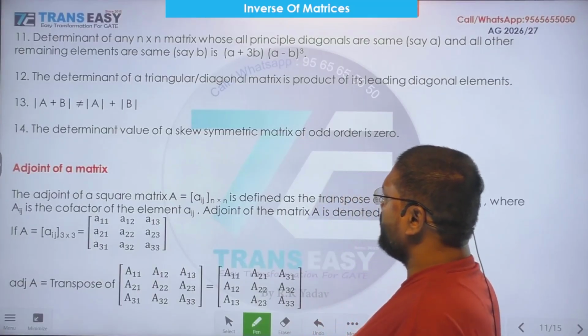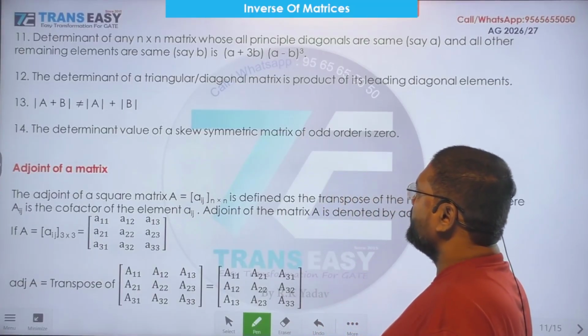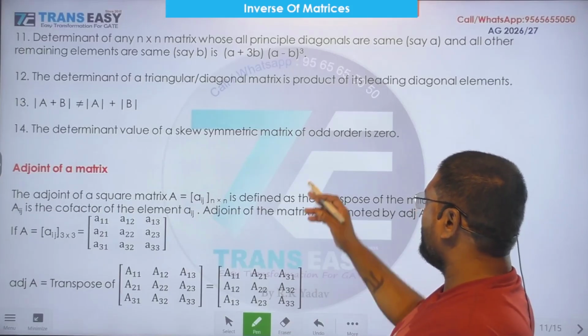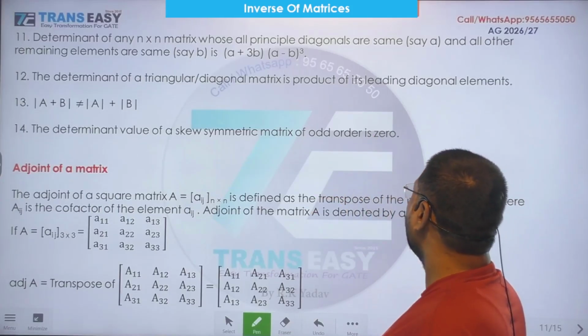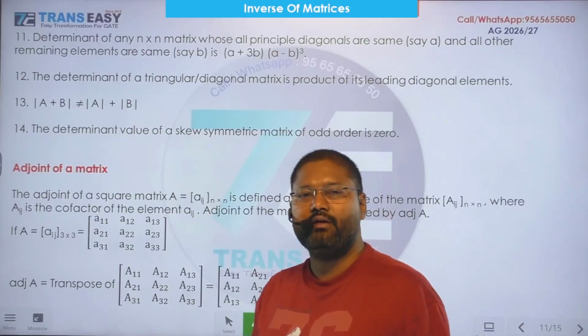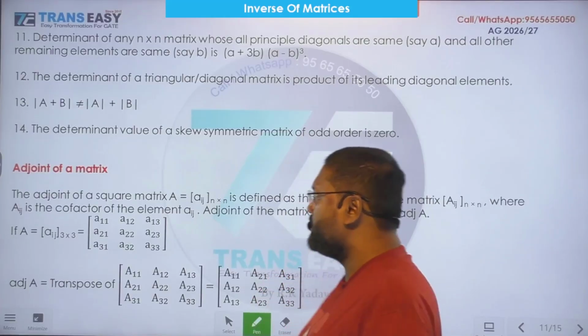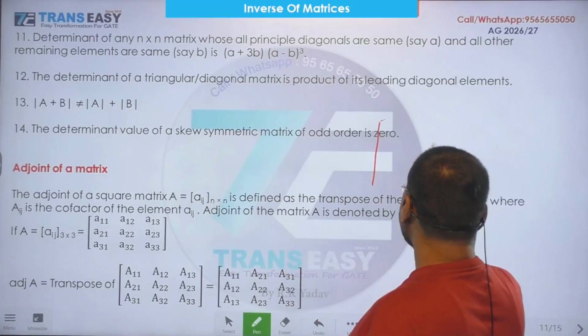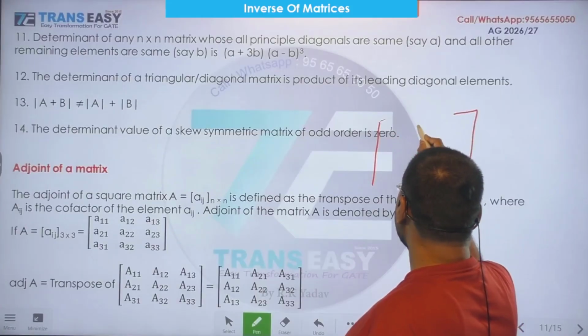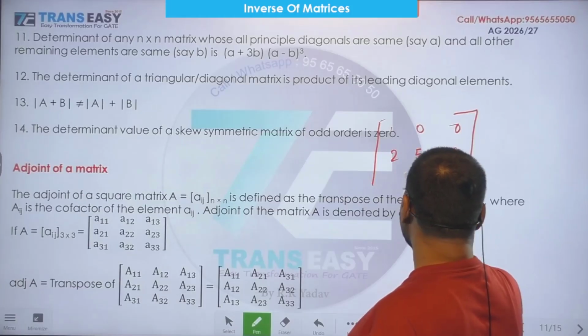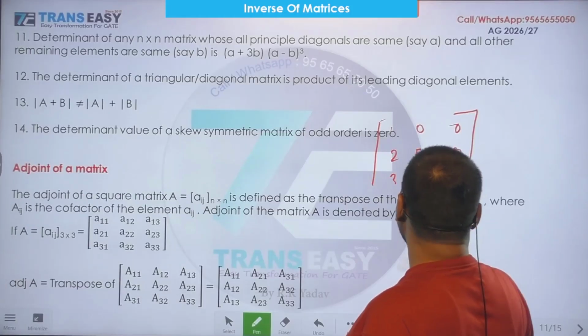The determinant of a triangular and diagonal matrix is the product of its leading diagonal elements or principal diagonal elements. 1 0 0, 2 5 0, 3 1 2.